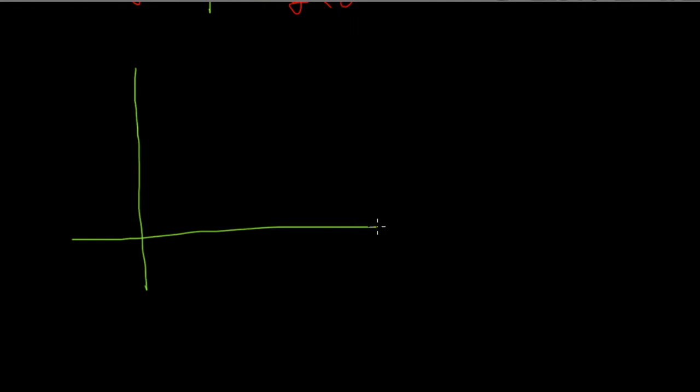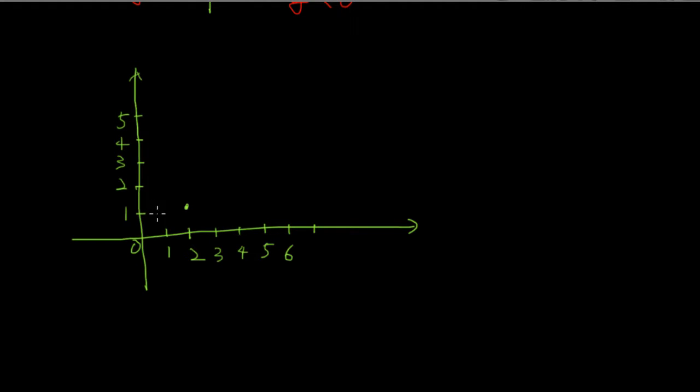Let's say we have this x and y, with 1, 2, 3, 4, 5, 6 going on, and 1, 2, 3, 4, 5 down, and this is 0.